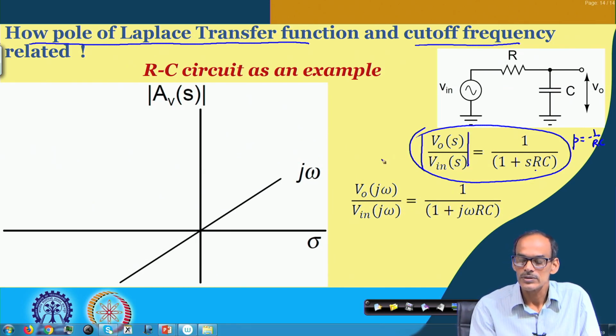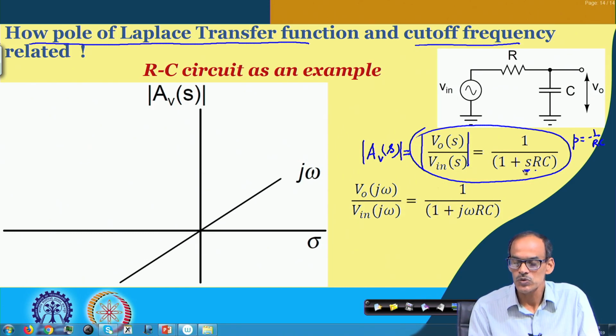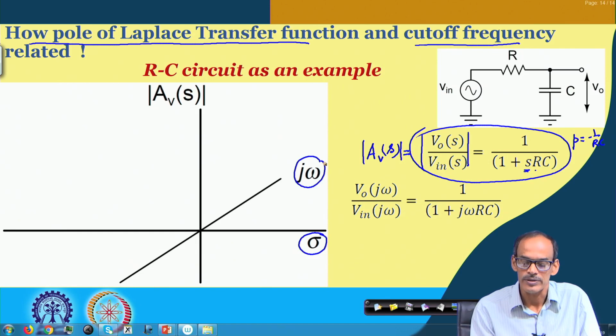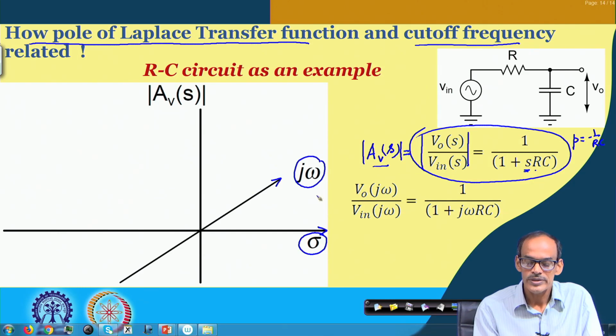If I denote this gain or transfer function by Av(s), since we are dealing with voltage, and plot this magnitude as a function of S, note that S has two components: the sigma part, the real part, and the imaginary part. If we plot this magnitude over the S domain, the horizontal part consists of the sigma axis and the j omega axis. So, we may call this the S plane, or S domain.